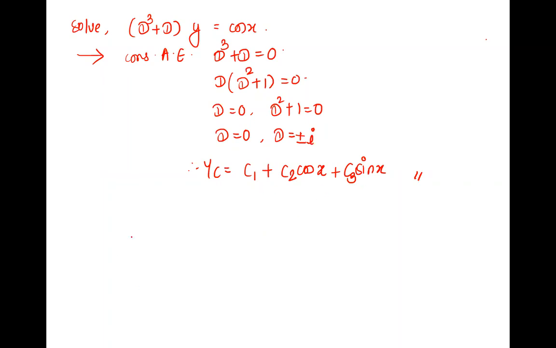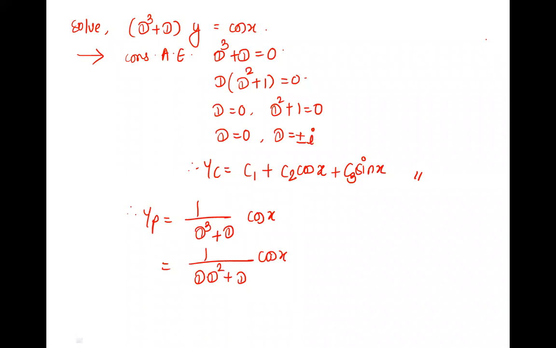Yes, ma'am. Good. Therefore, YP is 1 upon D cube plus D into cos x. The function is cos, which means the denominator must have D square. How can we write it? D into D square plus 1 into cos x.